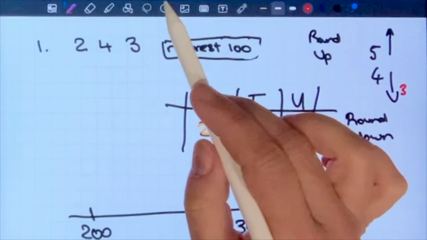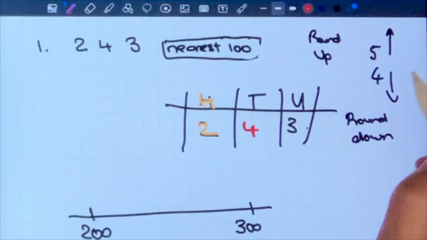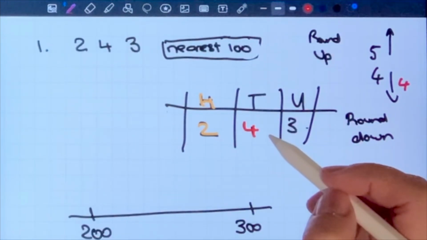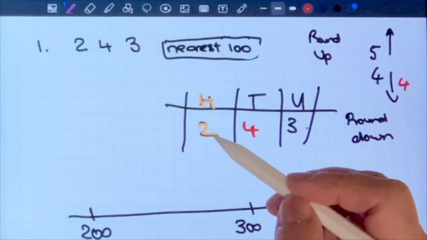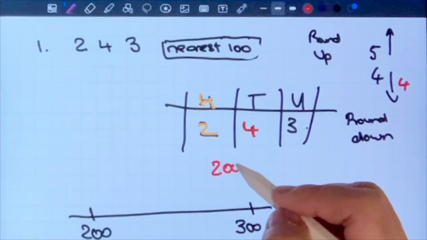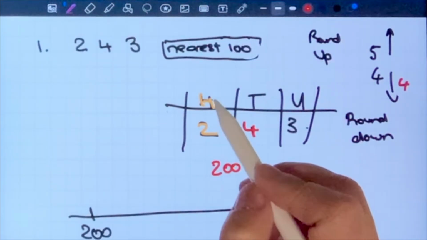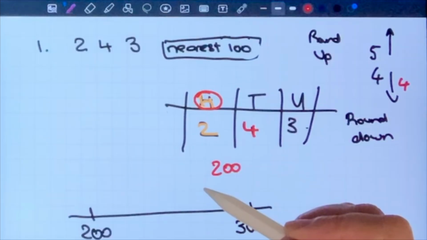So 4 again will fall in this category of being 4 and below. So again my number gets rounded down, which means that instead of 243 it becomes 200, because now I'm rounding to the closest 100.